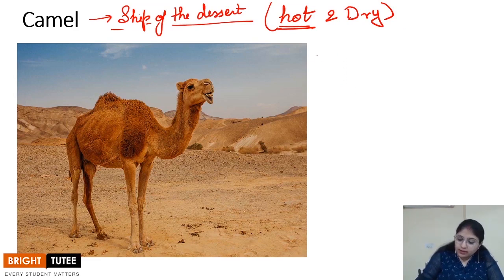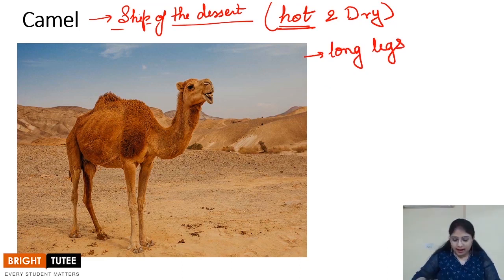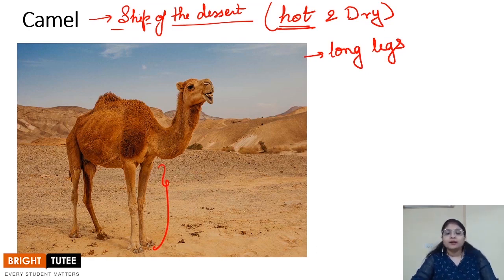So first of all, the camels have long legs, right? How do these long legs help? These long legs, as you can see, help the camel to stay away from the hot sand. During the day, the sand becomes really hot, and if the body was closer to the sand, it would heat the whole body.